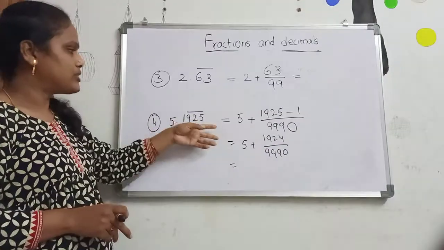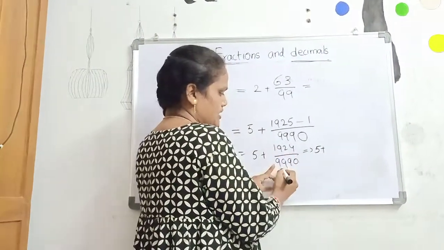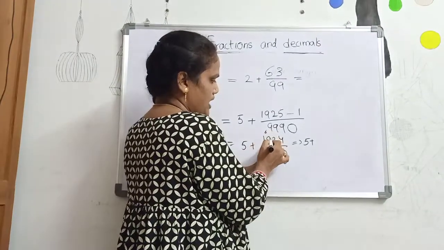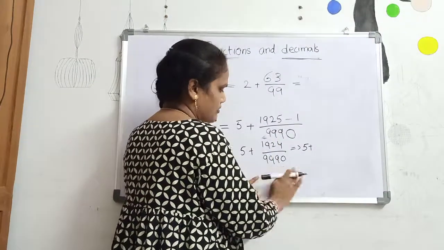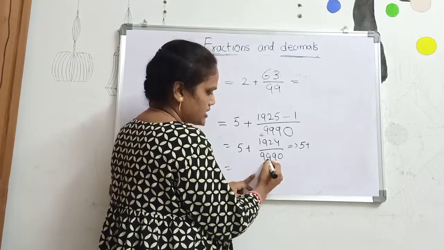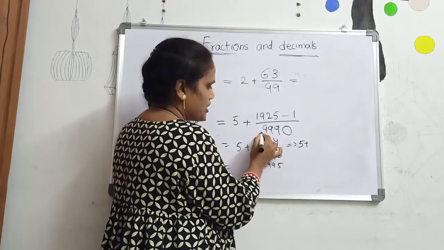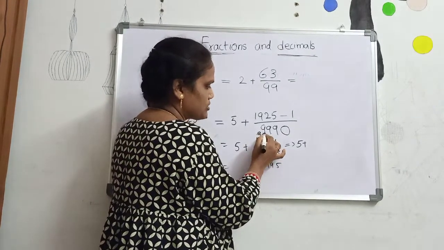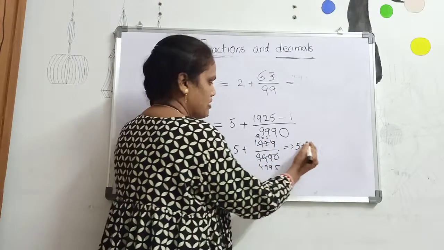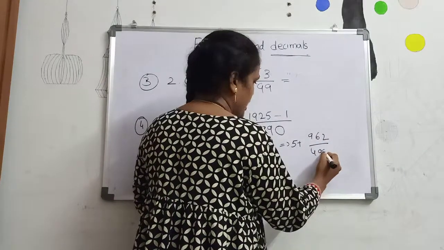This is how we can solve this type of problem. 2 9s are 18, 2 6s are 12, 2 2s are 4. Okay, 5 plus 962 by 4995.